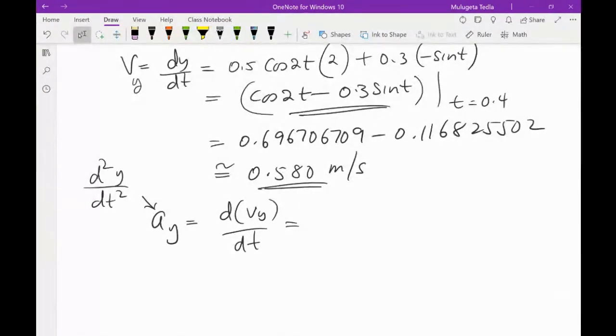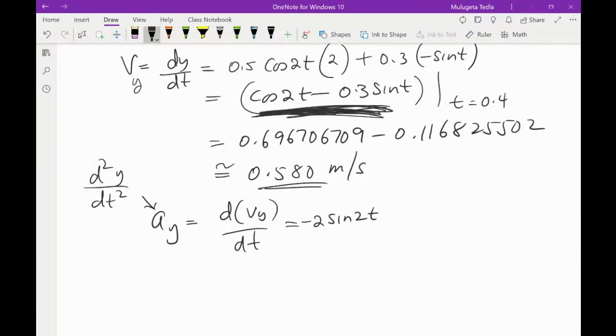The derivative of cosine is minus sine 2t times the derivative of the inside, which is 2. So that's what I have.